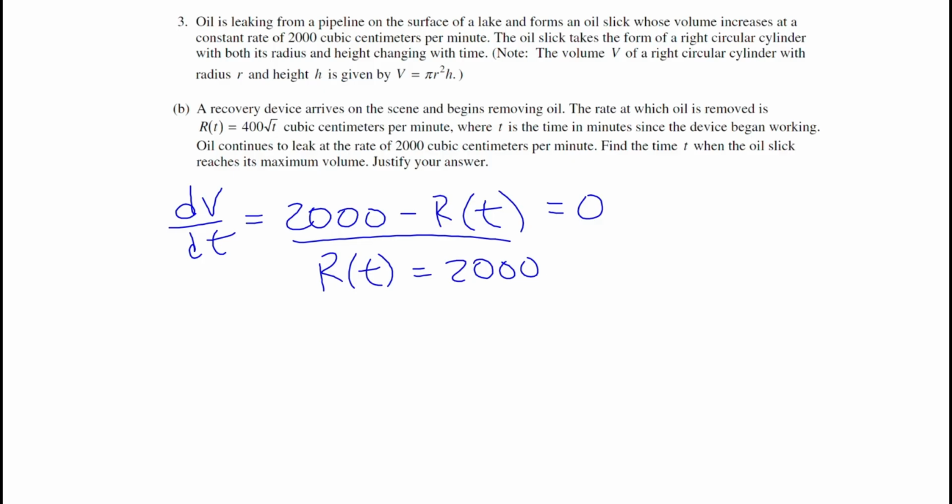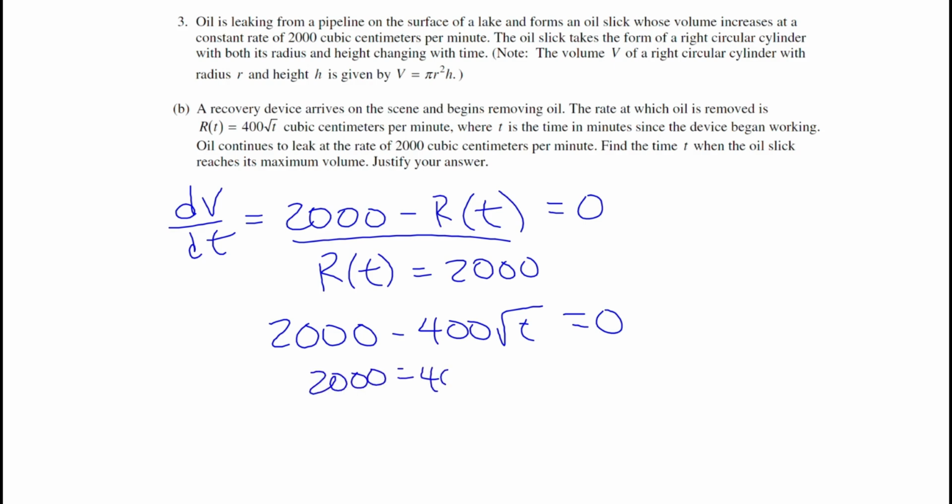And we don't even have to really do the graphing of it. This was a calculator problem, but this is a pretty straightforward function to solve, right? 2,000 minus r of t equal to 0 just means that, if we added the 400 root t over here like we just had a second ago, we'd have 2,000 equals 400 root t, or divide 2,000 by 400, 5 equals root t, so t is going to be 25 minutes.